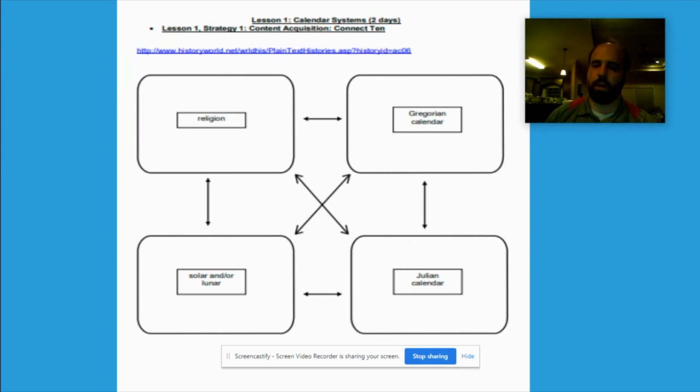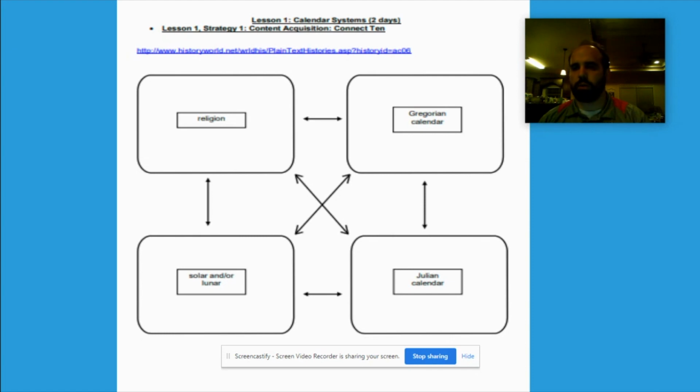This would be early in the year of 8th grade if you're someone that teaches 8th grade, where you're teaching about how we basically monitor and control and keep up with time, and how we've monitored time and studied it throughout history and the development of calendars.